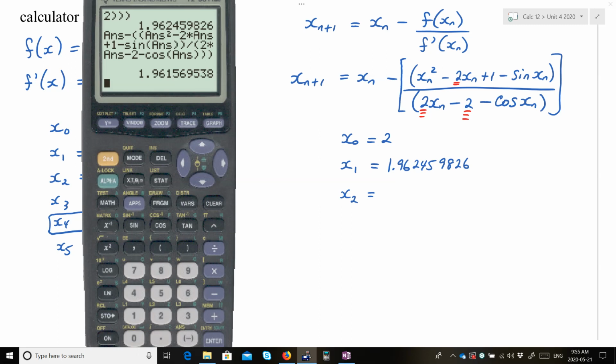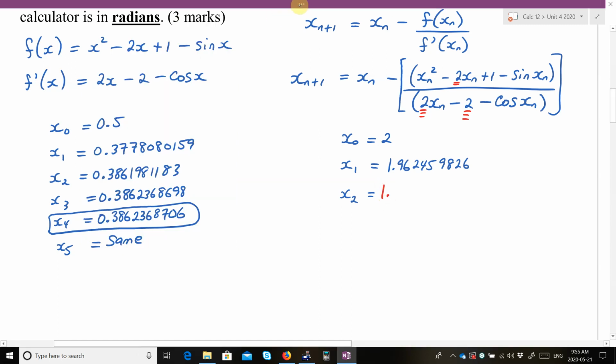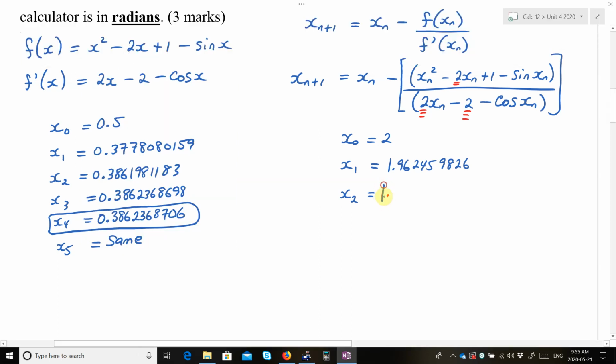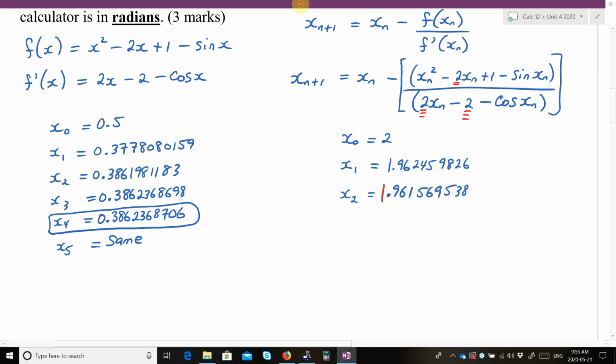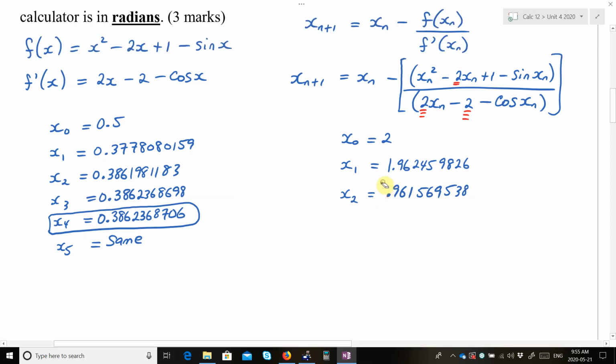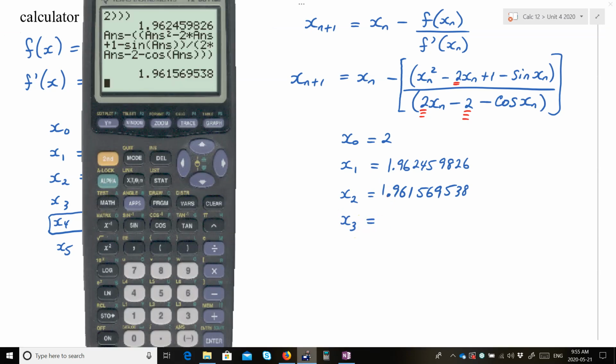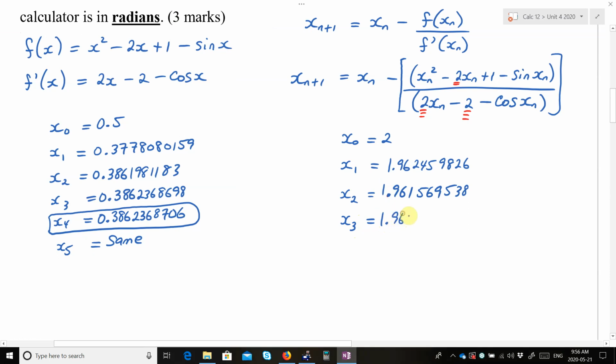So there's x2, 1.961. Okay, press enter again. 1.961.